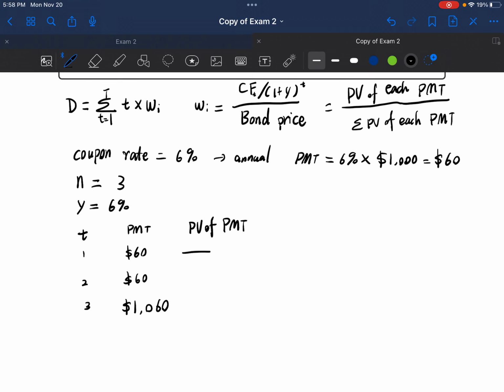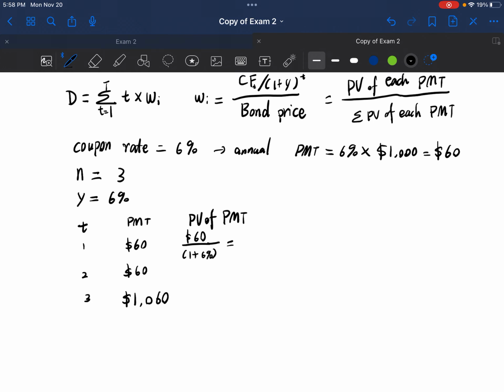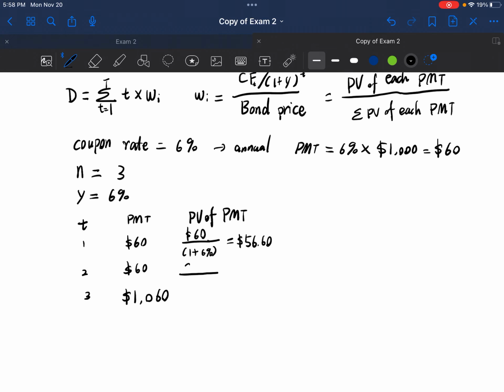Then you want to get the PV of each payment. To get the PV of each payment, you use $60, that's the cash flow, over 1 plus y, which is 6%. That gives us $56.60. Second cash flow, 60 over 1 plus 6% to the power of 2.